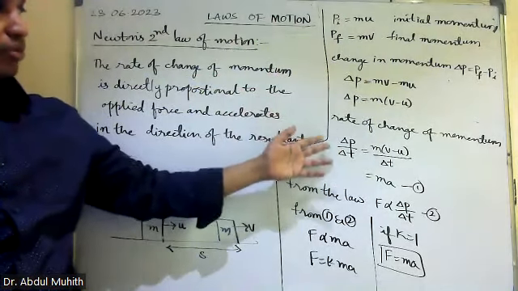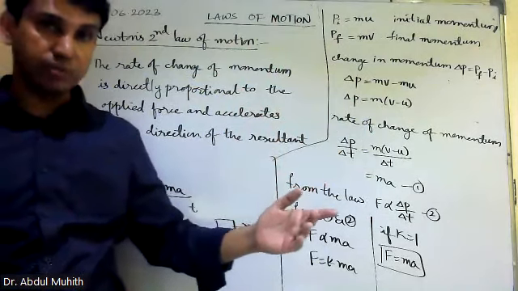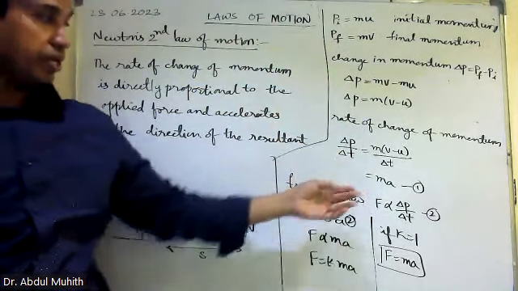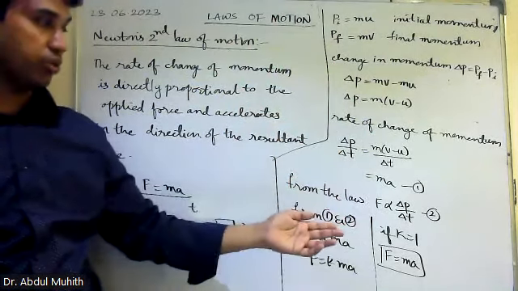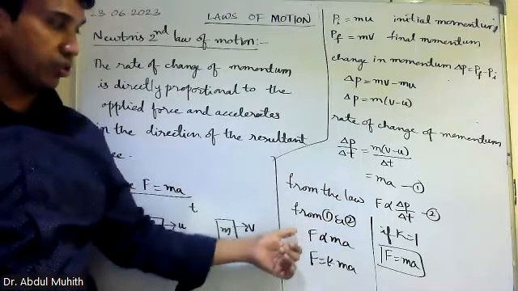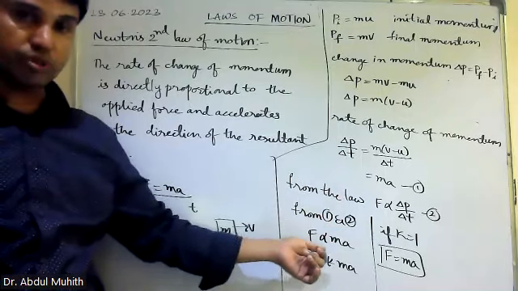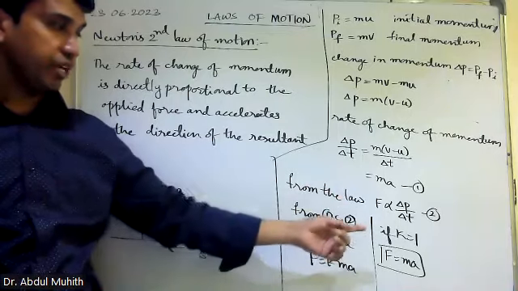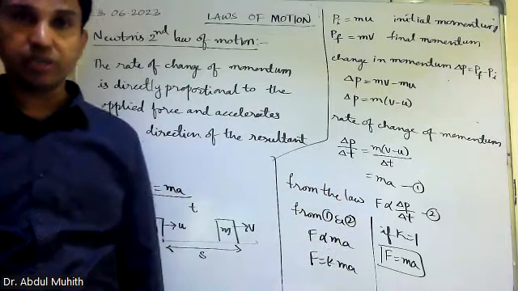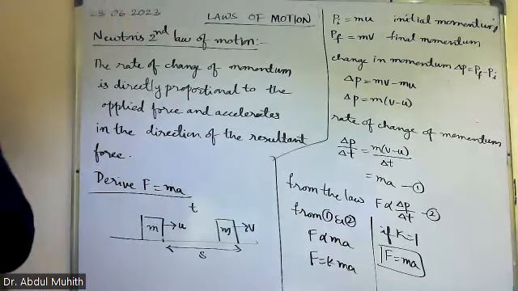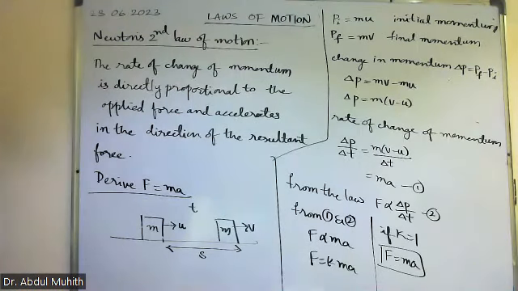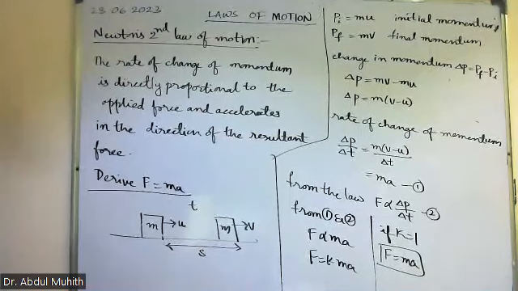Rate of change of momentum gives us ma. So from the second law, F is proportional to delta P by delta t. From 1 and 2, we get F proportional to ma or kma. So if k is equal to 1, F is equal to ma. Clear? Is it clear? Yes. Okay. Please do copy this first, then we'll go to the impulse.